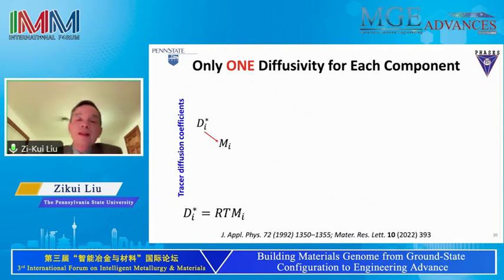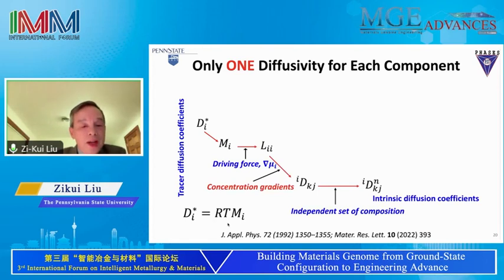Okay, so when I was a student in Sweden, I was told that there's only one diffusivity per element, that's the mobility or tracer diffusivity, related to the Einstein equation. However, if you change the reference state, or change from the chemical potential gradient to the concentration gradient, you actually get a matrix. So from one parameter, you get a vector.